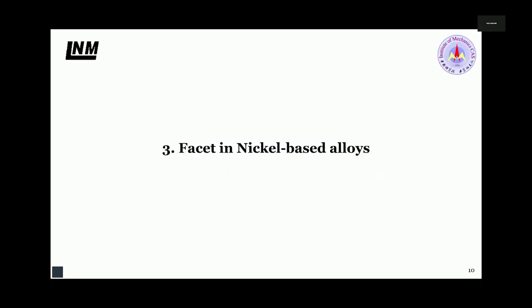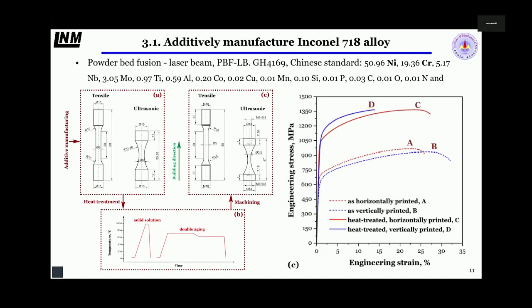The other result we are still working on is about the facet in nickel-based alloy. We use PBF, powder bed fusion, and this nickel-chromium alloy with ferrite.